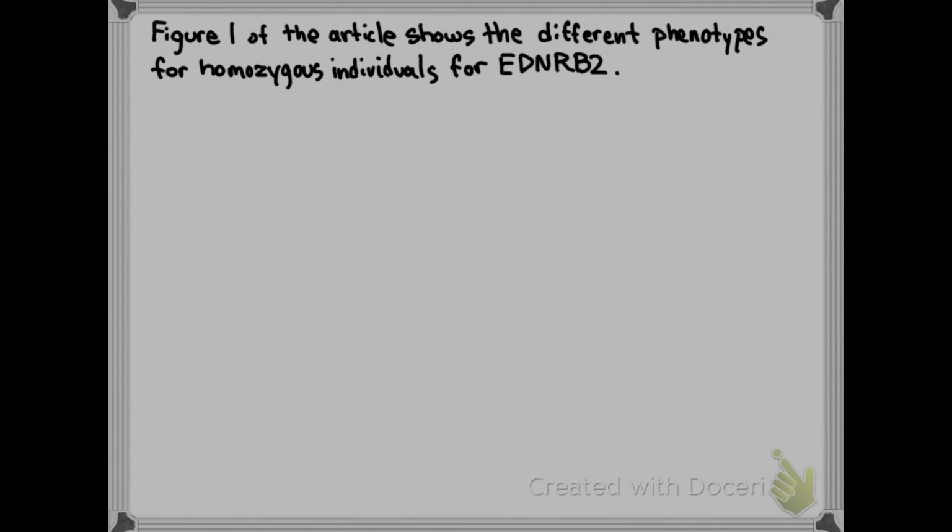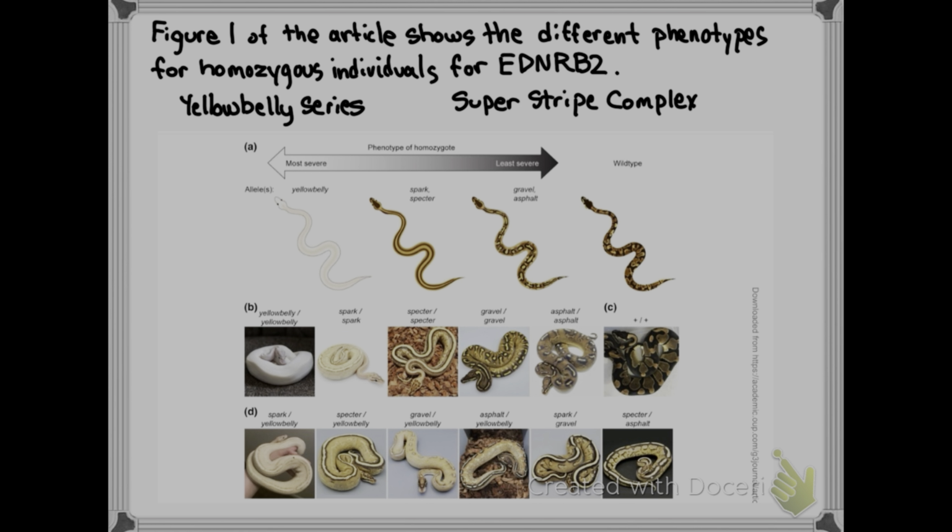Figure 1 of the article shows the different phenotypes. It's a wonderful figure that shows the phenotypes of the different alleles, which in the paper is referred to as a Yellowbelly series. Ball python breeders also refer to this series of alleles as the superstripe complex, so you may hear it referred to that way.